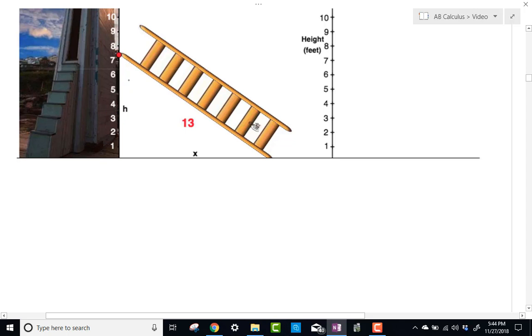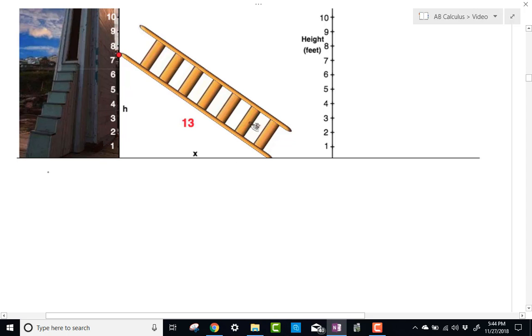Why is this vertical distance and why is this rate a negative value? Because the distance from the top of the ladder to the ground is decreasing. Okay? The ladder itself does not change length. This is a consistent 13 feet here, and the rate is a consistent 2 feet per second.